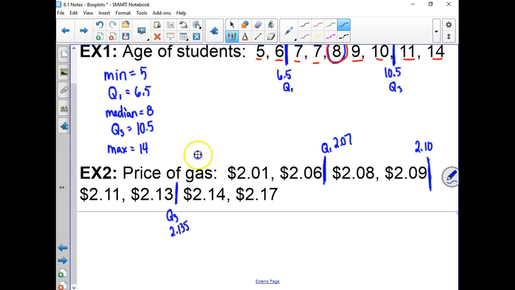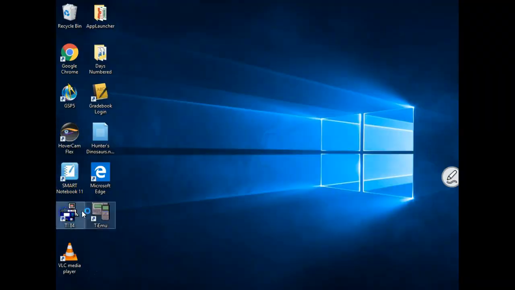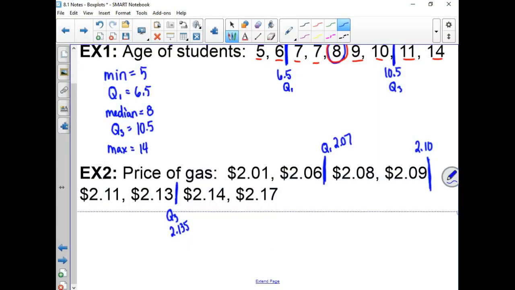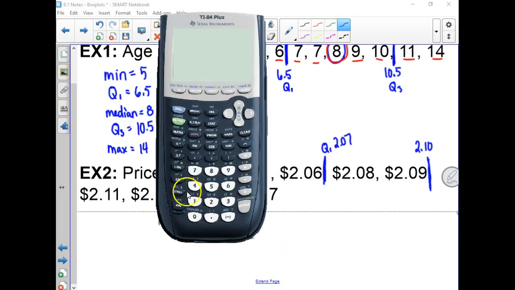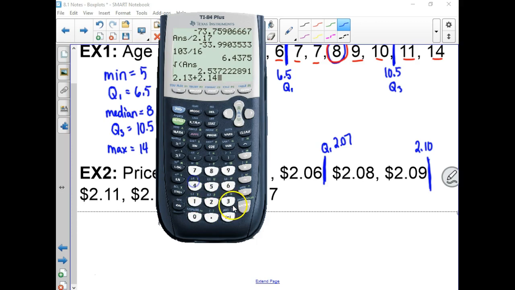If you have numbers you're having trouble figuring out there in your head, you can always just average the numbers. So, like if I have, let's go back to the main screen, 2.13 plus 2.14, and I divide that by 2. See, I get 2.135.